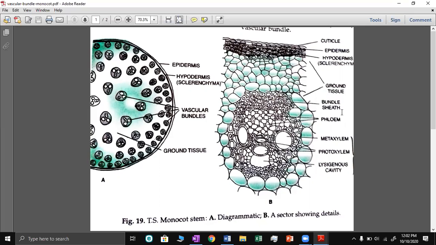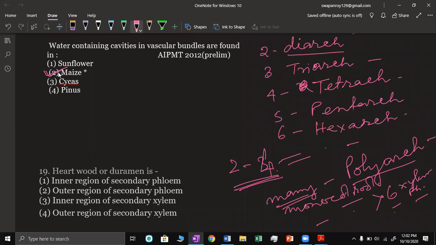This is also known as sclerenchymatous cap. So this water containing cavity in the vascular bundle is found in maize, that monocot. So this one is the maize stem.